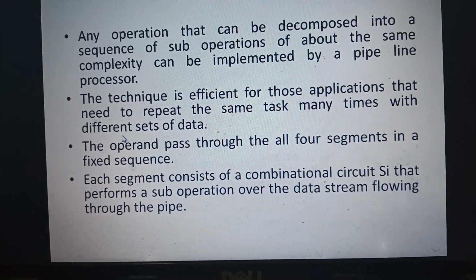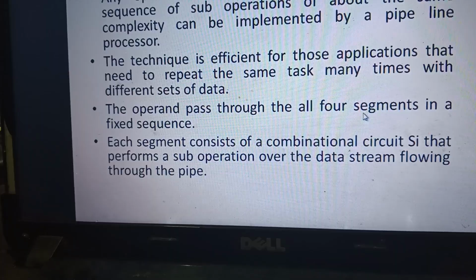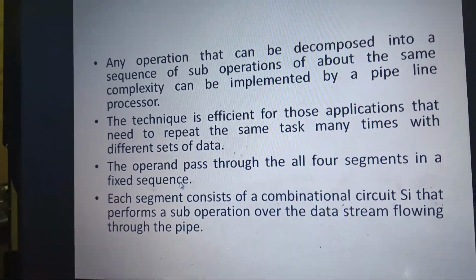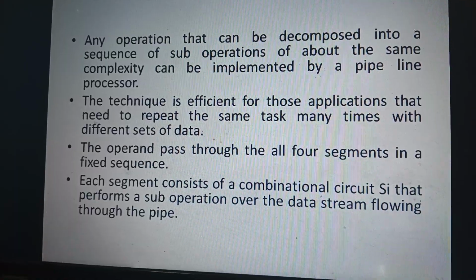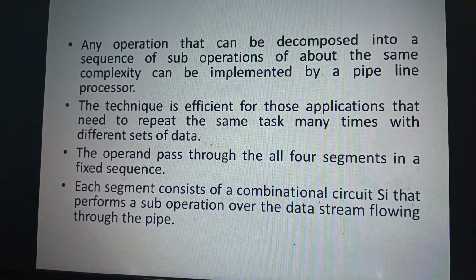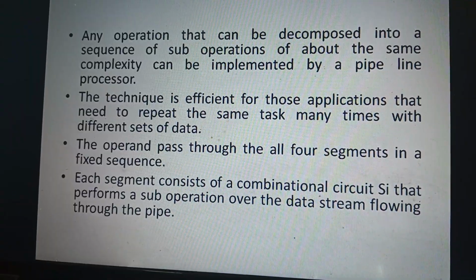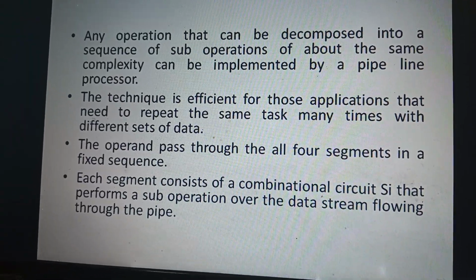In such cases, this architecture is very helpful. The operand passes through all 4 segments in a fixed sequence. Assume that the operand passes through the first segment in 1 microsecond, the second segment also 1 microsecond, and the third also 1 microsecond. In such cases it is very suitable.